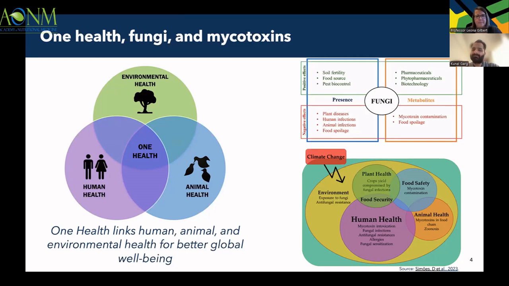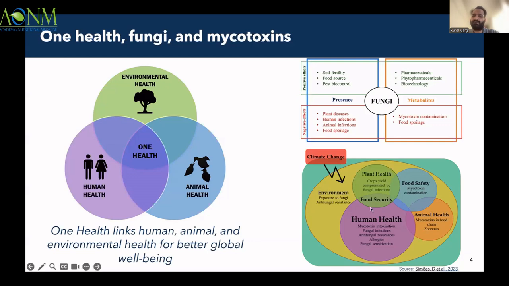And in the future, there are papers and research to show that climate change is inducing more aggressive species of fungi, which are playing an important role in producing mycotoxins that are more harmful. Now, these don't just affect plant health or animal health, but they play an important role in endangering food security and ultimately human health.